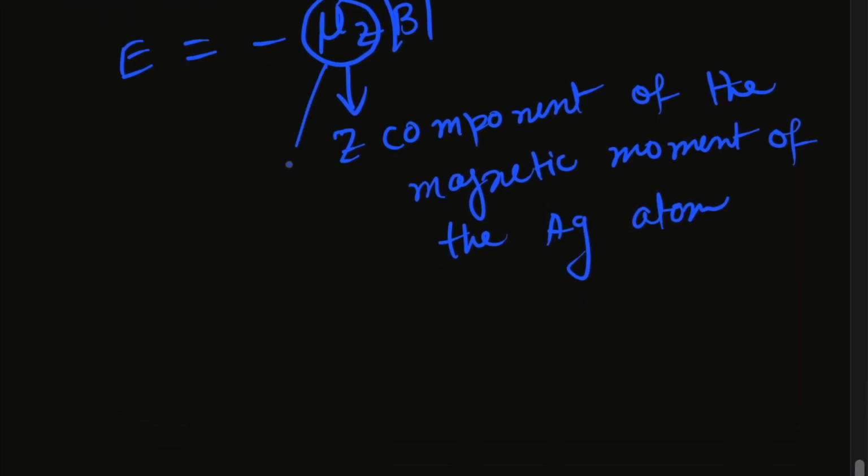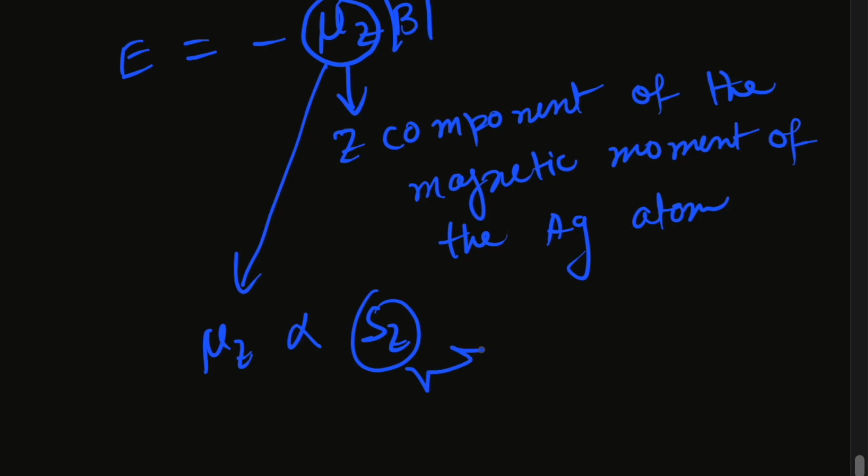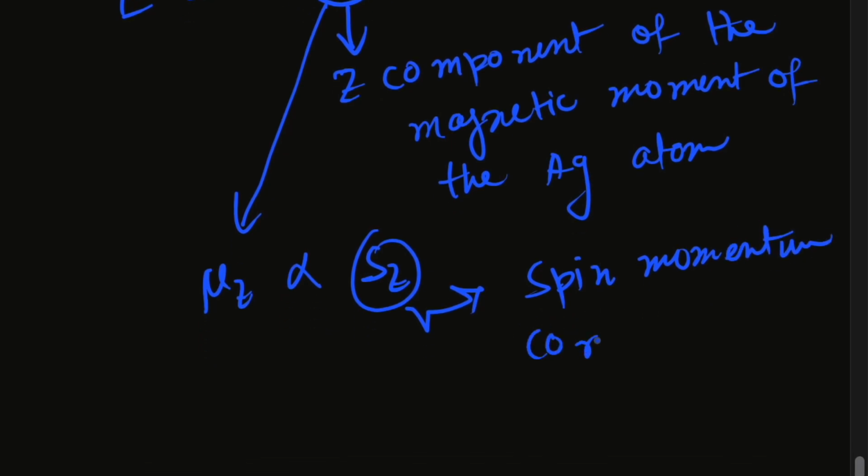Now this mu Z should be proportional to the Sz. Sz is the spin momentum corresponding to Z direction.